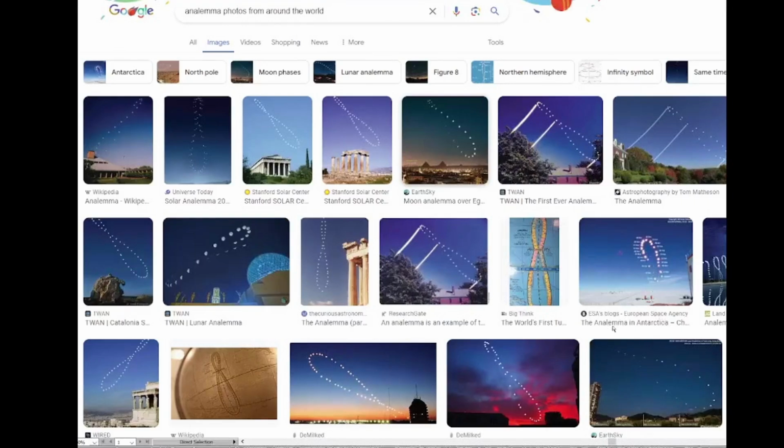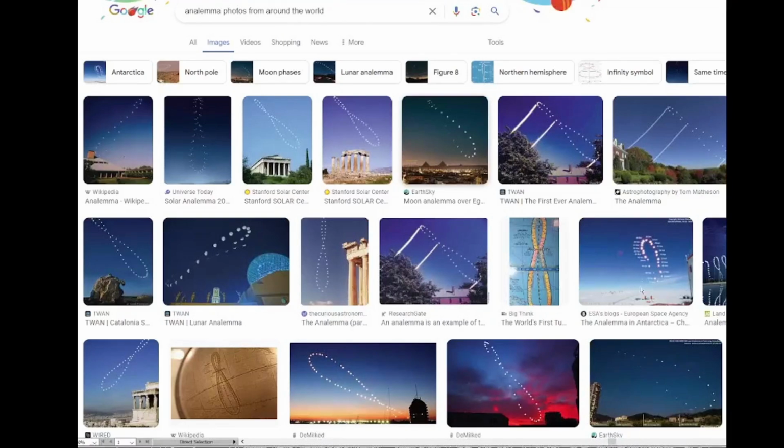This is in Antarctica, and as you'll see, because they're in the southern hemisphere, at the furthest reaches of where the sun's light will go, you actually have the wider part of the Analemma up top, whereas up in the northern hemisphere, we have the smaller part of the Analemma up top in this figure 8. Because Cancer is the smaller circle, and Capricorn is the wider circle.